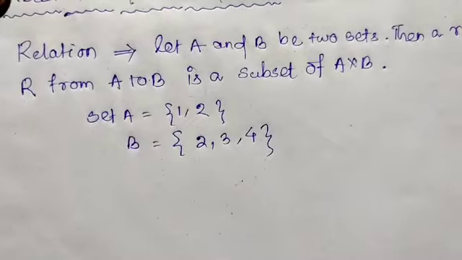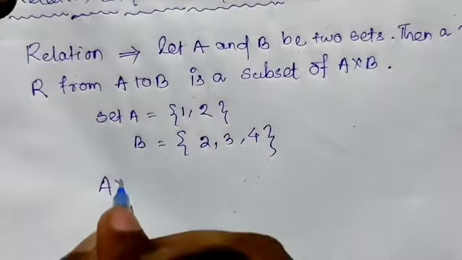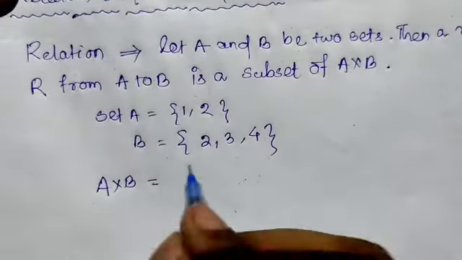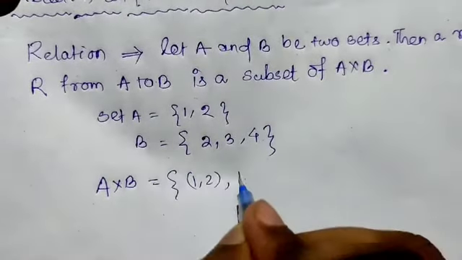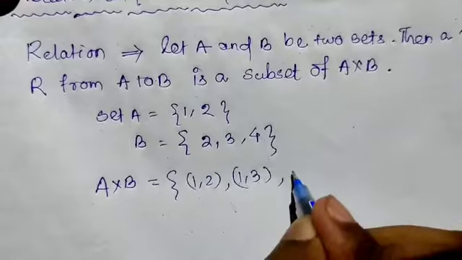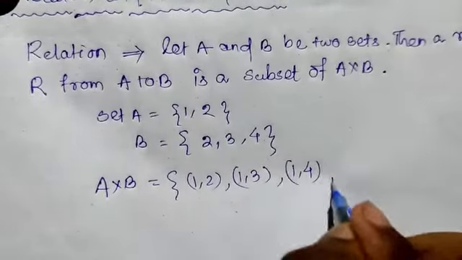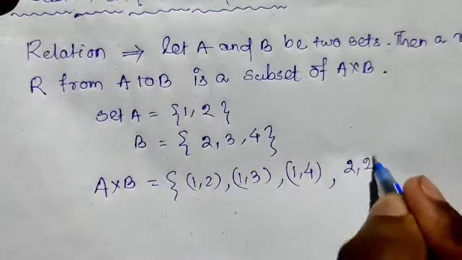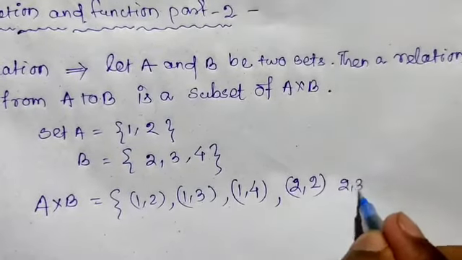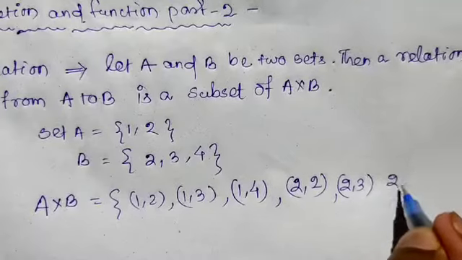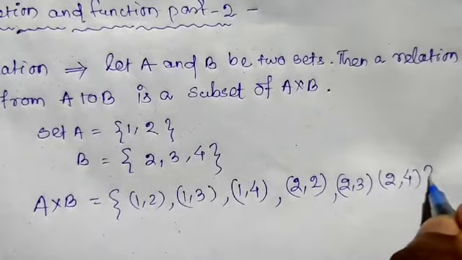After that we write their cross product, so we get ordered pairs (1,2), (1,3), (1,4), (2,2), (2,3), and (2,4).